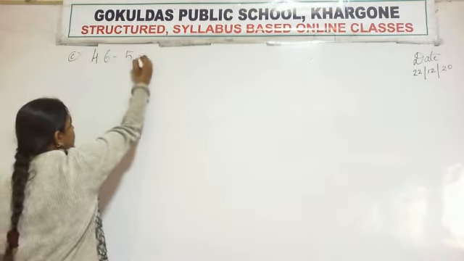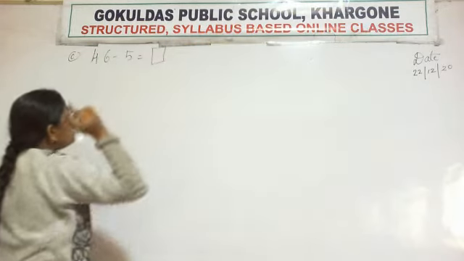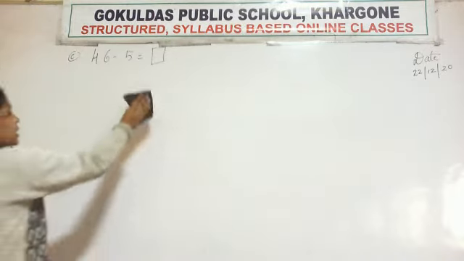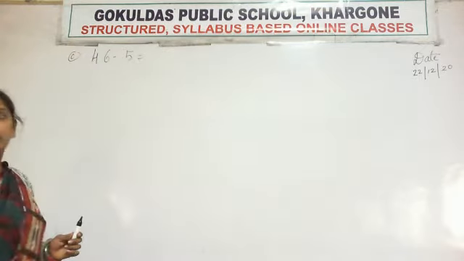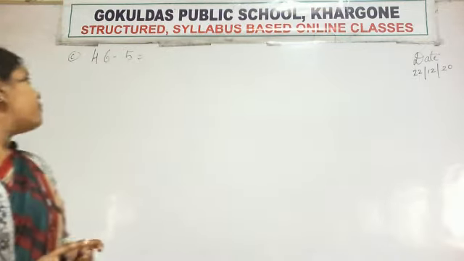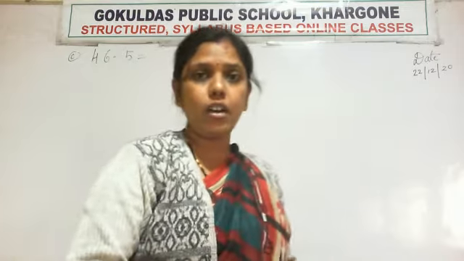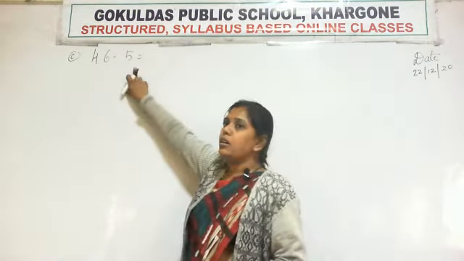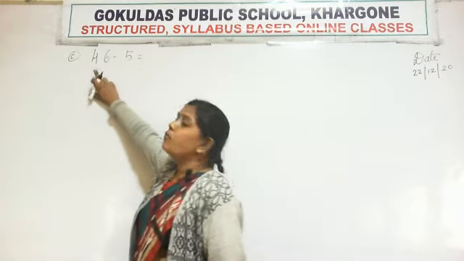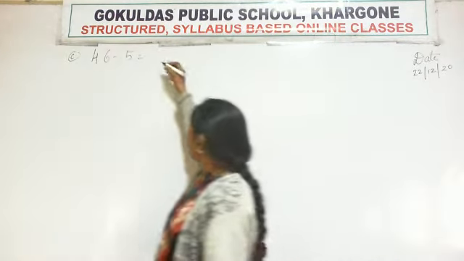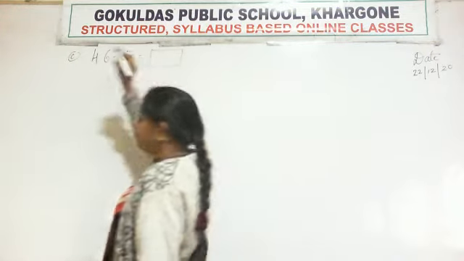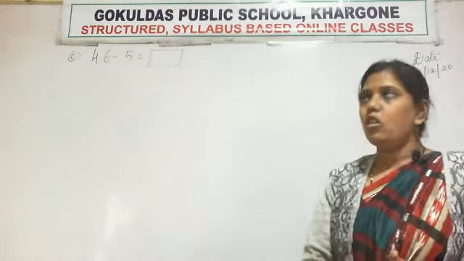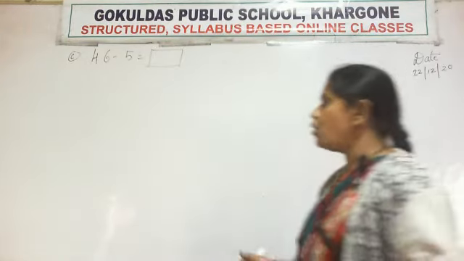46 minus 5. That means we have to count 5 numbers back from 46. We have to count 5 numbers backward from 46. So, copy the question first. Now, what is the first step? We have to count backward.